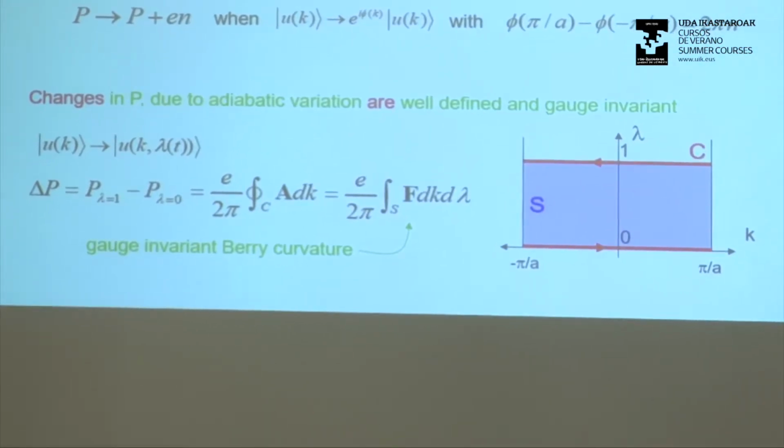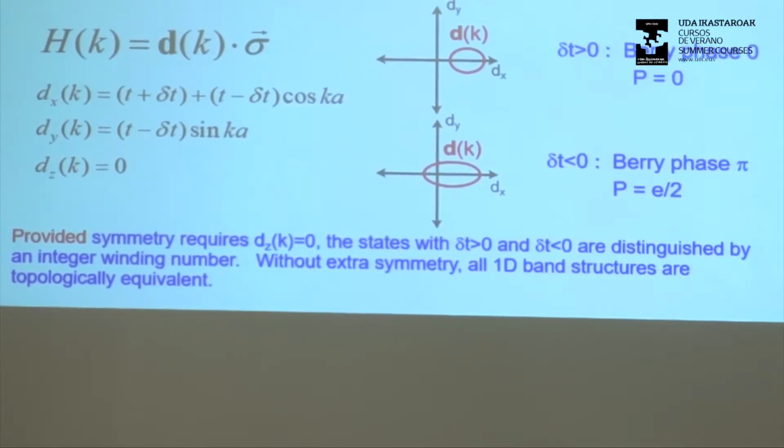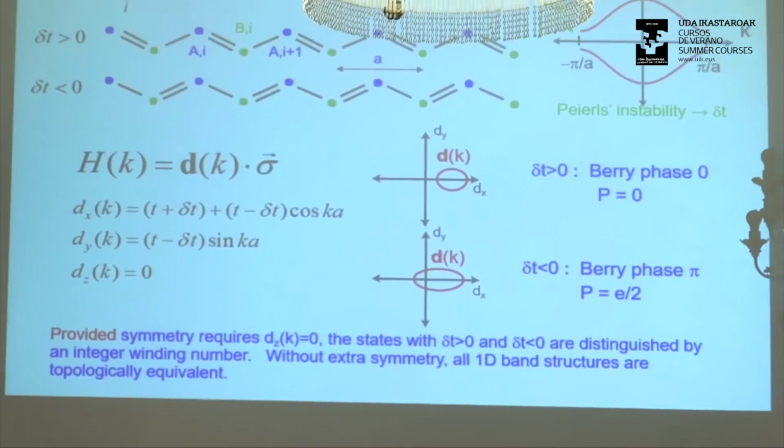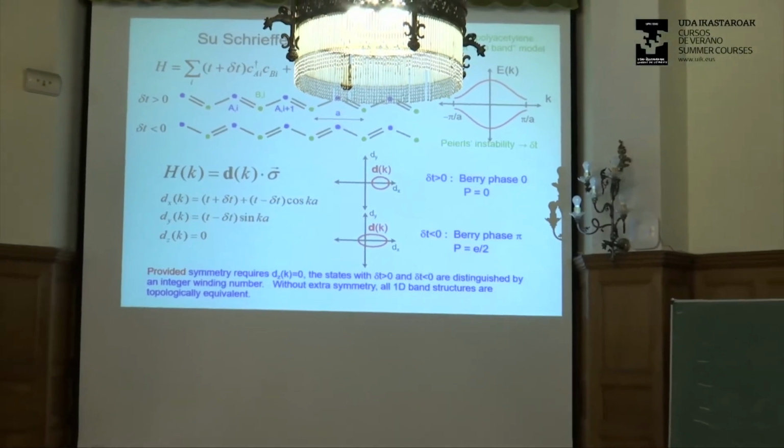Now again, this is all general. It's very useful to have a specific model in mind in order to be able to think about these ideas. And so there's a very nice one, which is called the Su-Schrieffer-Heeger model. The Su-Schrieffer-Heeger model was introduced as a model for polyacetylene, which is a conducting polymer.